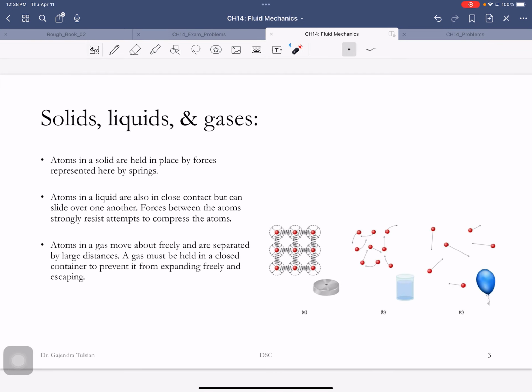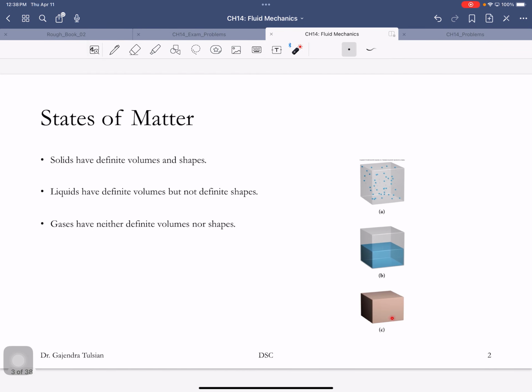All right, so there are three states of matter that you're familiar with: solids, liquids, and gases. These two are called fluids. You saw that the density of a liquid is 1,000 times greater than that of a gas.